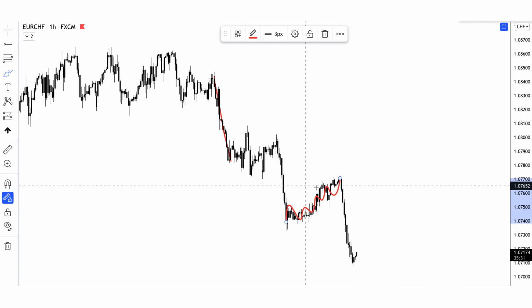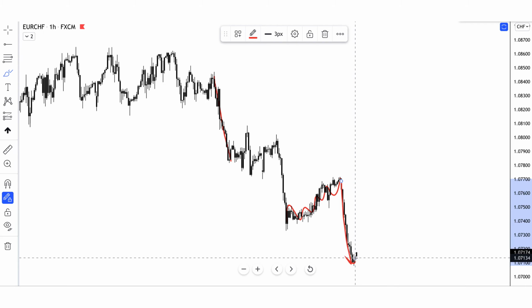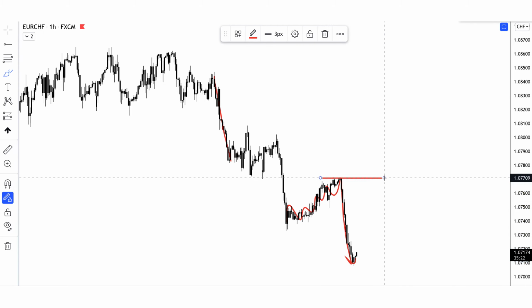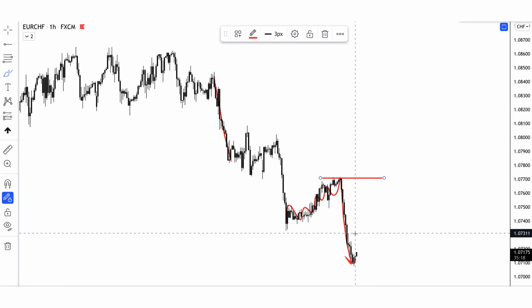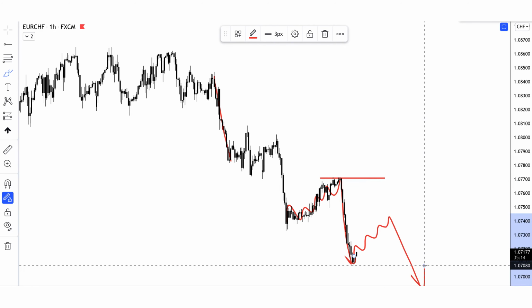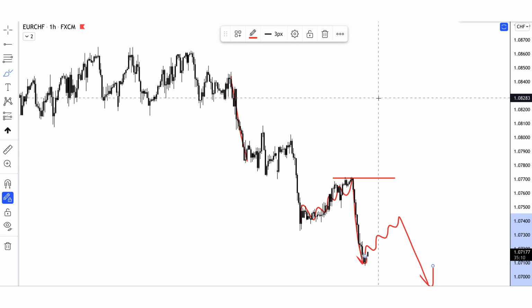We're anticipating another leg to the downside, another lower low. Now we have another lower low. This is the most recent lower high. As long as we maintain below this lower high, we can then look for another correction and then another continuation. That's essentially how the markets work.